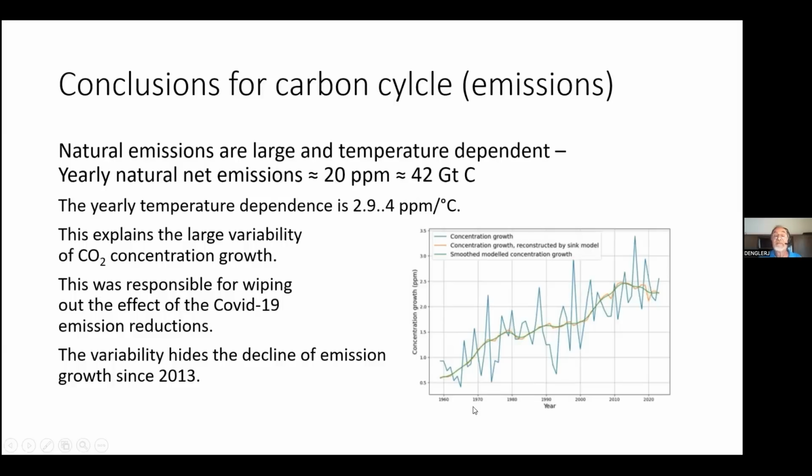And so if we have temperature variations, also the concentration growth varies in the same way. And so we can explain the large variability of concentration growth by means of the temperature variations.